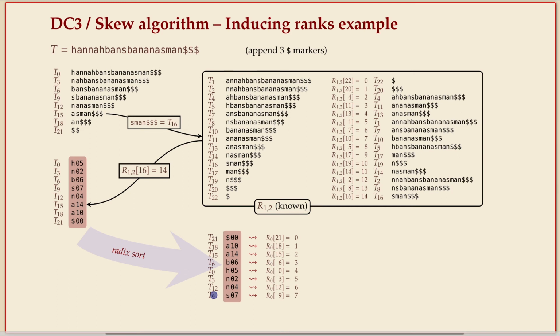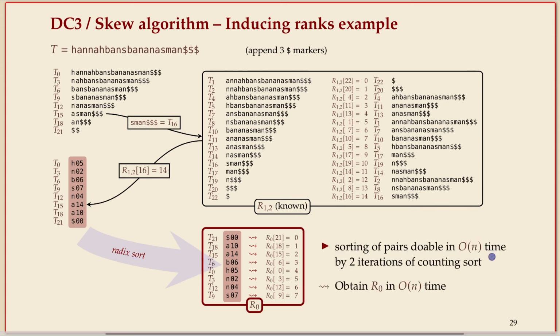How can we sort these in linear time? Because they are short, and they don't have a big range, we can use something like counting sort that we've seen in Unit 3. That was this algorithm where at the time I told you to keep this box in mind. We can sort these pairs by 2 iterations of counting sort.